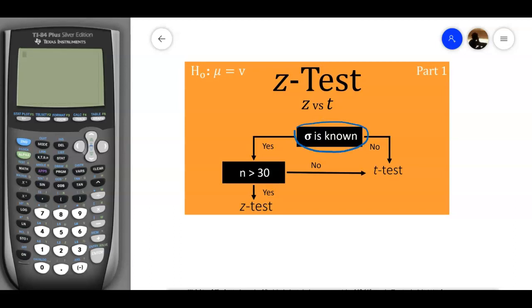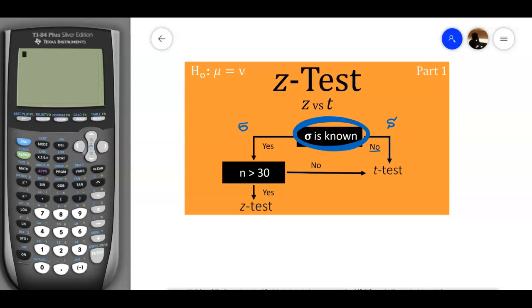If sigma is unknown, then we are not going to use sigma, we're going to use S instead. S and sigma are both standard deviations.